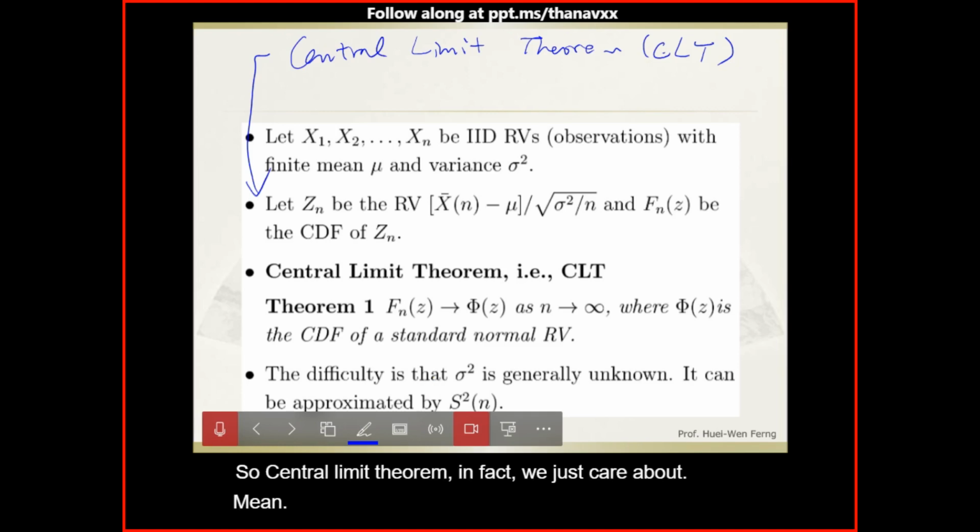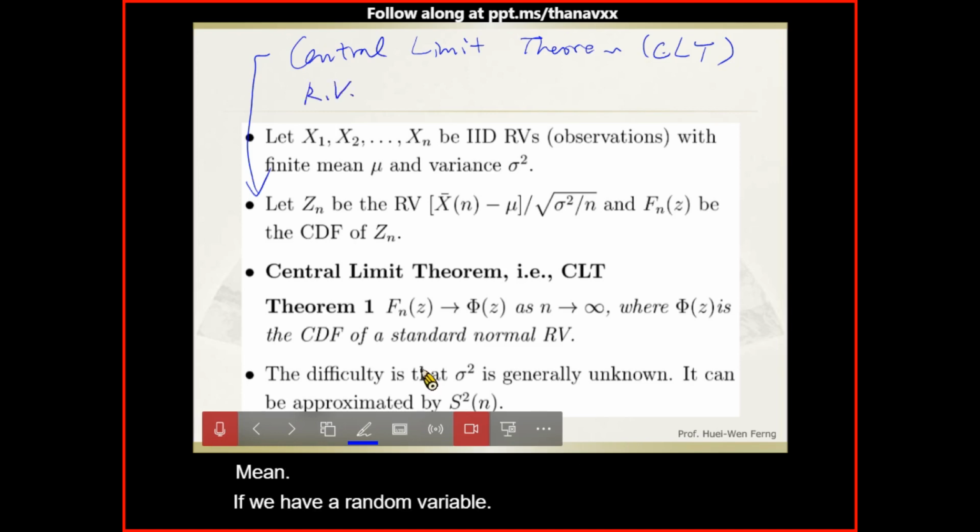If we have a random variable A, the central limit theorem cares about A minus its mean, over the square root of its variance.